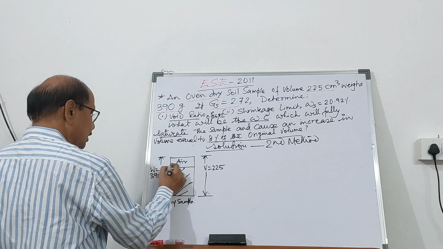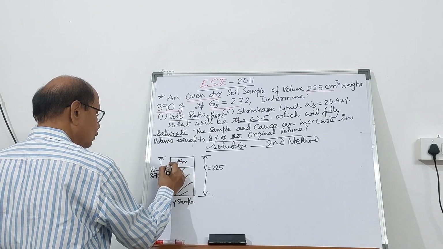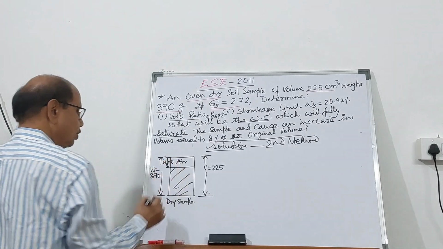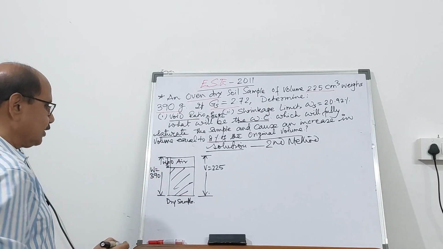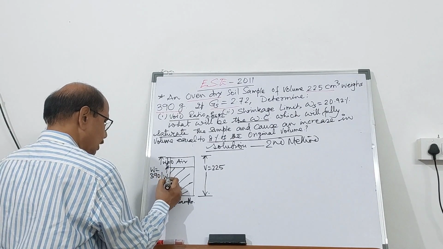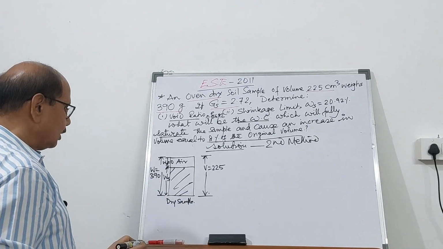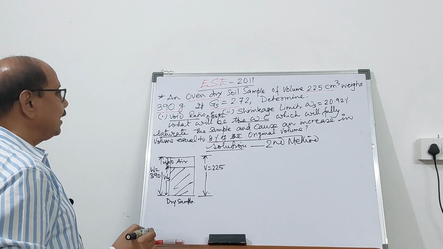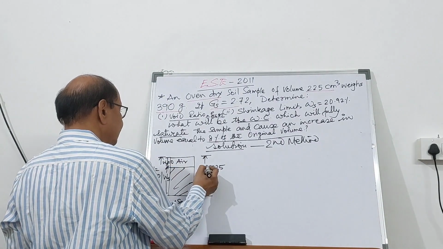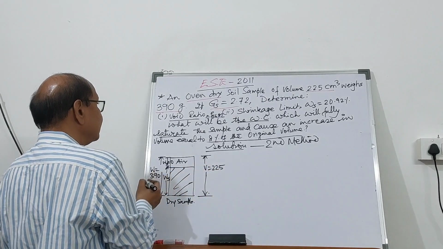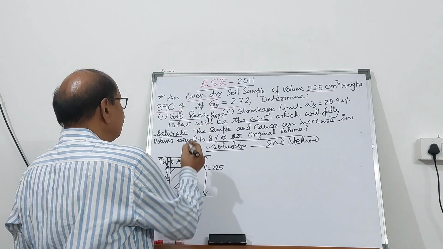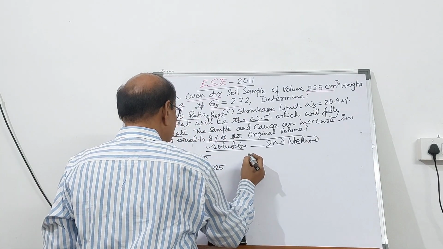Now the weight of air, this part, will be 0. The weight of air is going to be 0. So this is the weight of soil solids. Here in this problem, you have been given the total volume and the weight, and therefore you have been able to calculate the void ratio from gamma d.